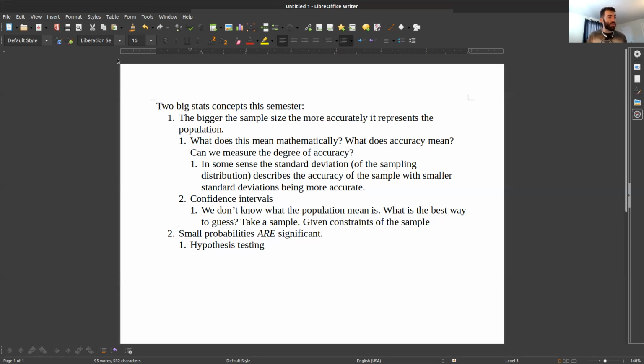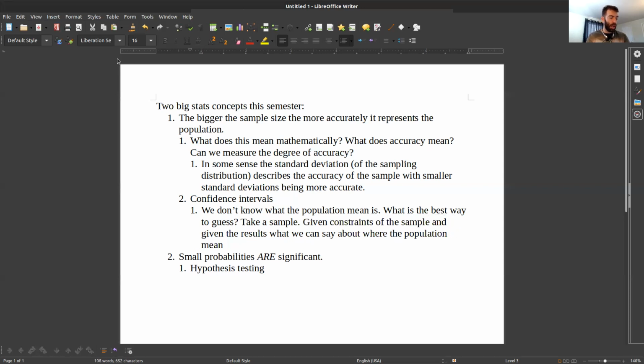So there's always a little bit of constraints. And given the results, what can we say about where the population mean should lie and how accurate are the results? So that's our goal with confidence intervals.